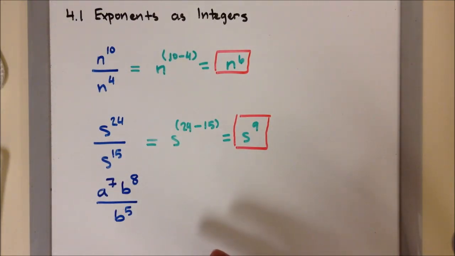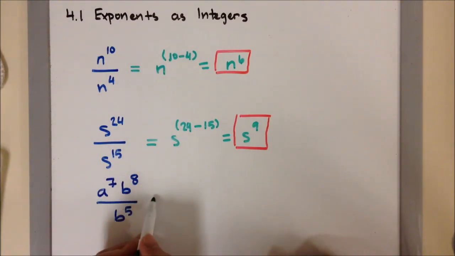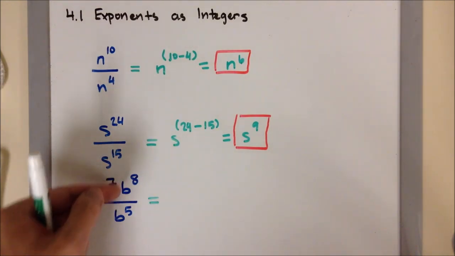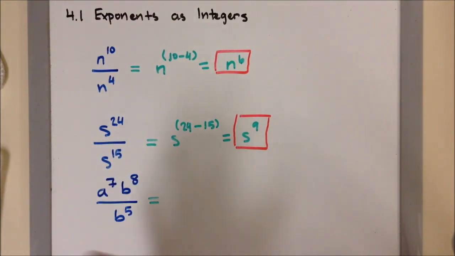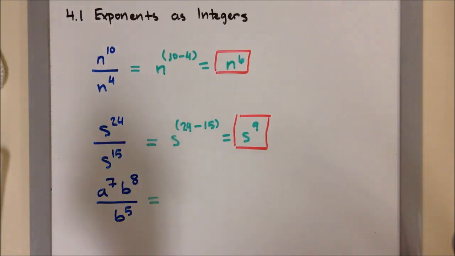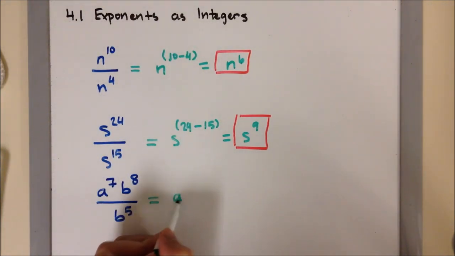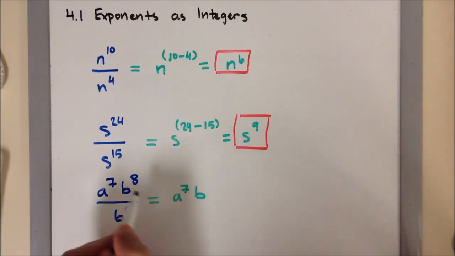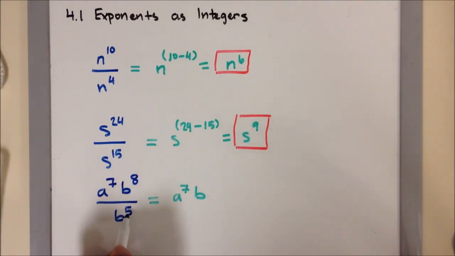So now we have another example similar to what we did previously with multiple variables. And the same thing can be applied if you have multiple numbers. So the only ones I'm messing with are the ones that have the same base, which is my b's. So my a to the 7th power will stay the same. And then it's going to be b, where it's going to be my top exponent minus my bottom exponent.